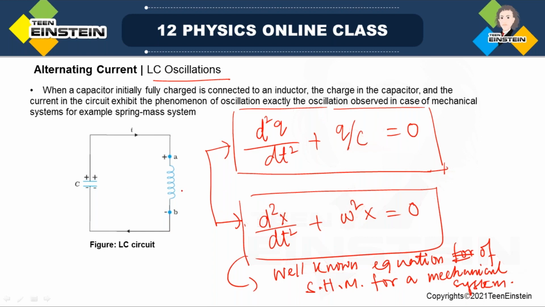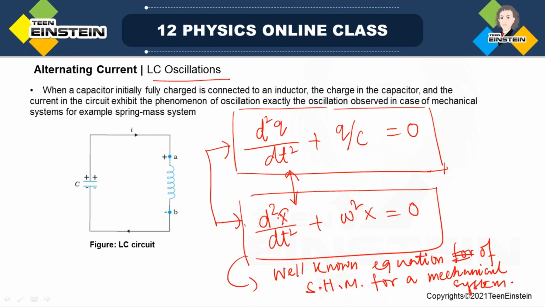When you have L and C together, if the capacitor is initially fully charged, then charge in the capacitor and current in the circuit will oscillate, and that oscillation will be a simple harmonic oscillation and very similar to the mechanical oscillations observed in case of, maybe you can think of a spring mass system or simple pendulum or whatever. So if we now compare these two equations, see, we may be able to find out a few analogies over here.